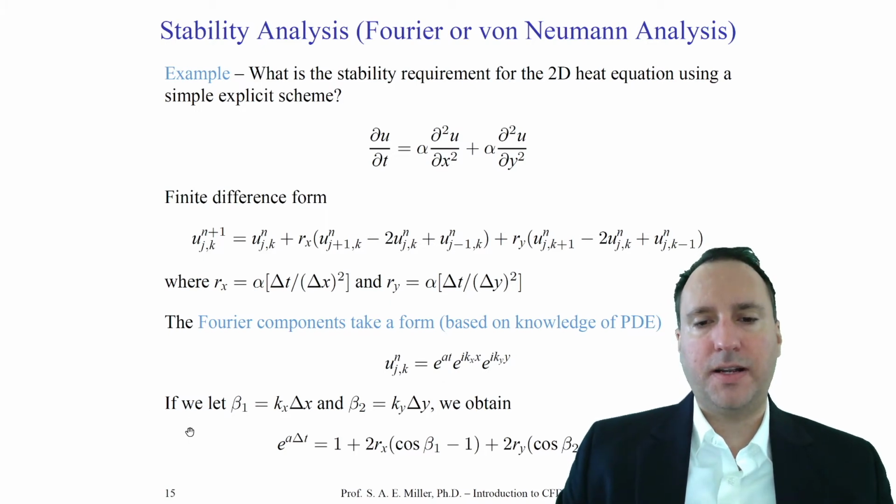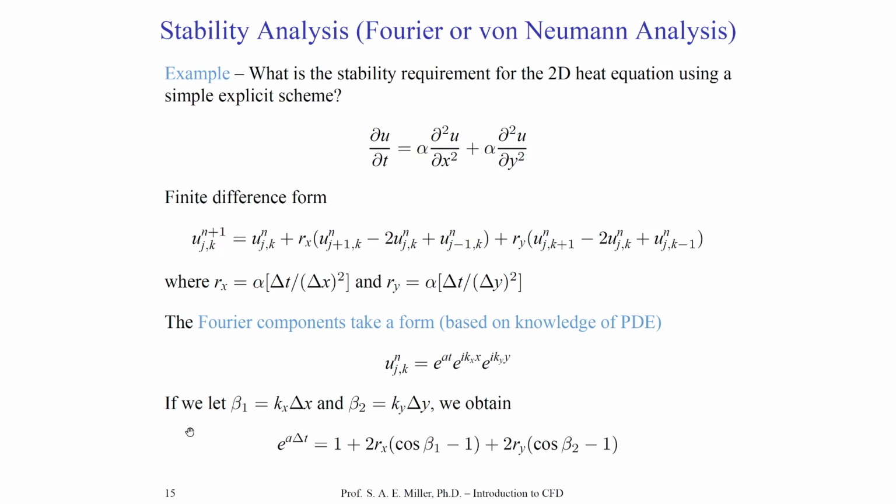Now, we will define two variables, beta 1 and beta 2. We'll let beta 1 be the wave number in the x direction times the grid point spacing in the x direction, and beta 2 be the grid point spacing in the y direction times the wave number in the y direction.